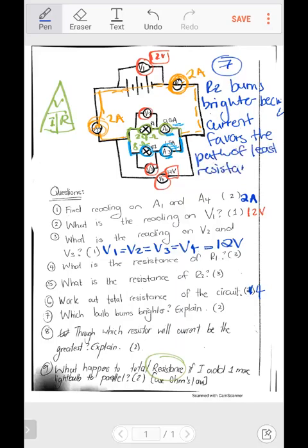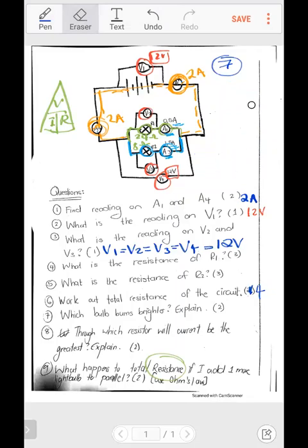And if you want to get bonus marks, you can always write, explain Ohm's law. So say, according to Ohm's law, the smallest resistor will receive the greatest current, because current and resistance are inversely proportional. I'm sorry if I said it's directly proportional before. I think I'm just a bit exhausted today.